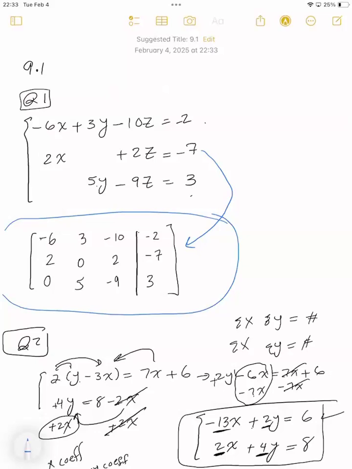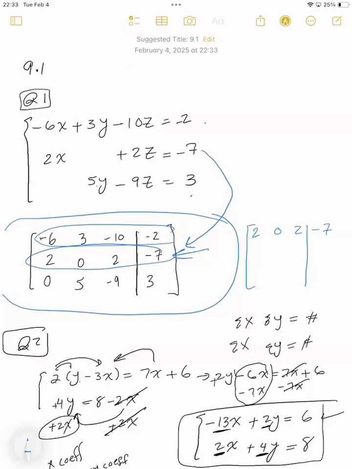One of the operations we are allowed to do is swap these rows. So I'm allowed to put, for instance, the second row in place of the first one, and then put the first one in place of the second one. And then the last one stays where it is. So that's called swapping rows. You're allowed to swap rows.